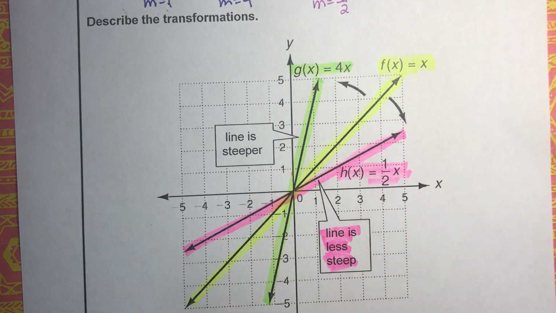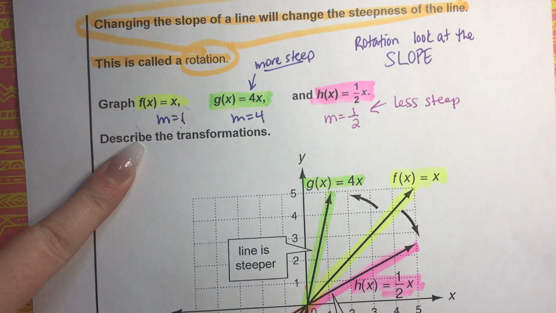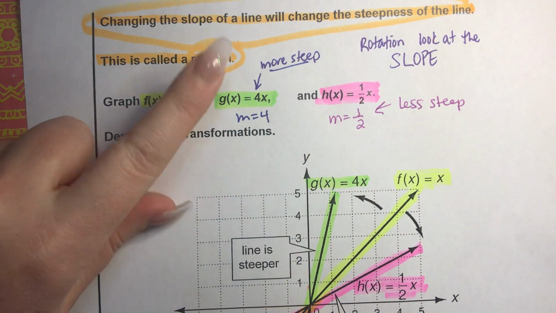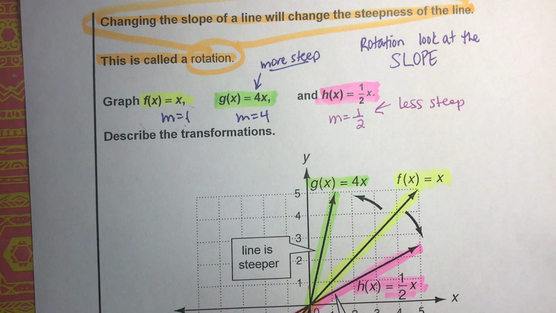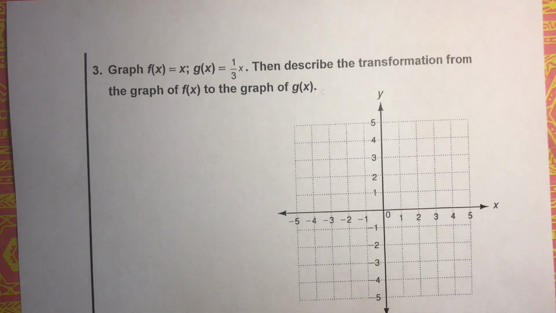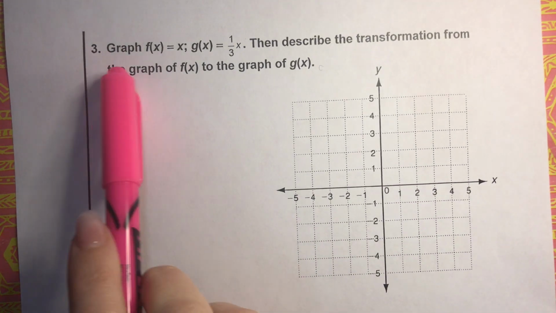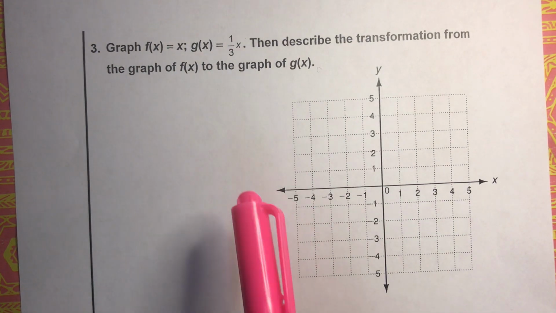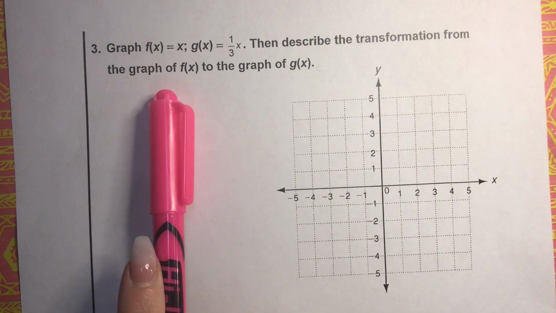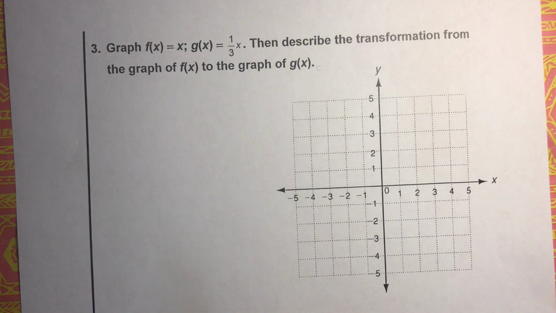Okay? So basically, whenever you see that the slope changes, you know that you're dealing with a rotation. So let's go ahead and look at a few examples. For this first problem, what do you see? Graph f of x equals x, that's our parent function, and g of x equals 1/3 x, and then describe the transformation of the graph from f of x to the graph of g of x.